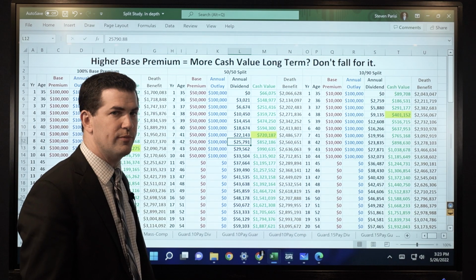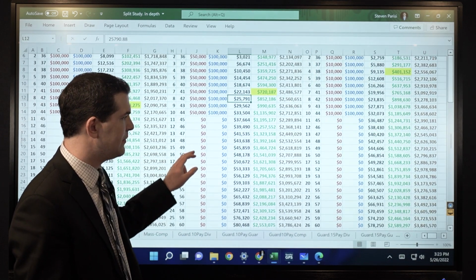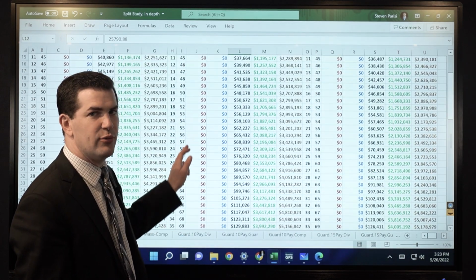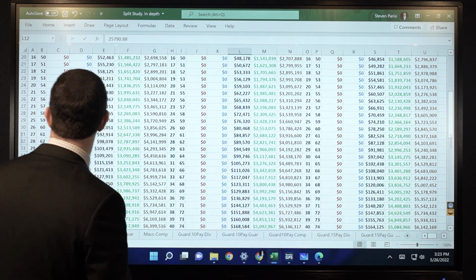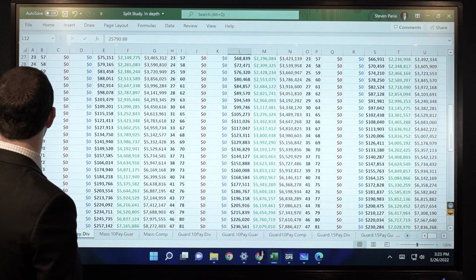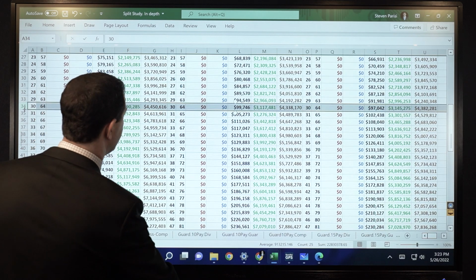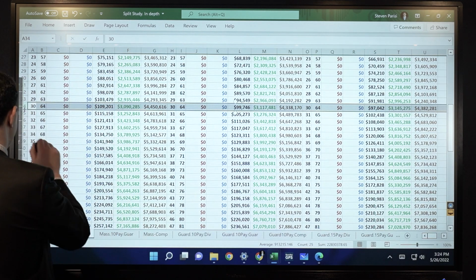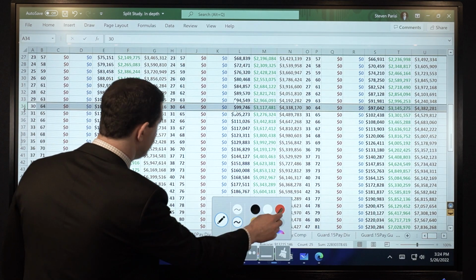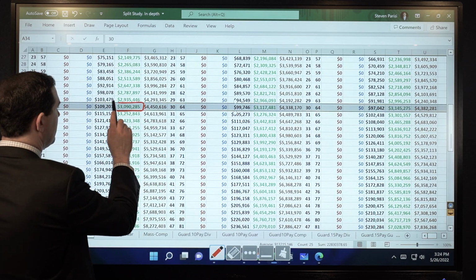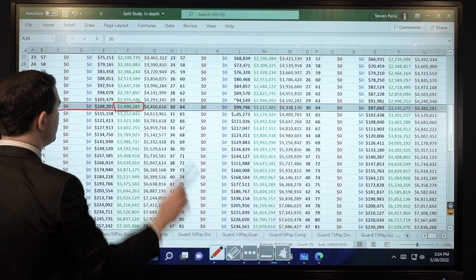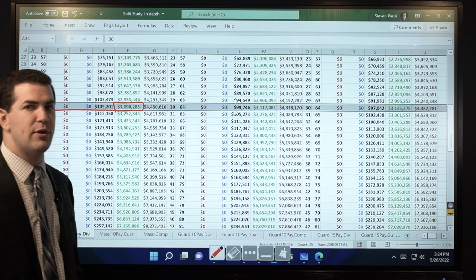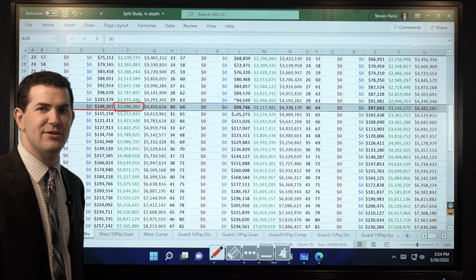How about long term? Take a look. How far down shall we go? Well, we're going to break it up. Let's start with year 30 and see what we notice here. Which one has more money? All base premium example, just under 3.1 million, $3,090,000.